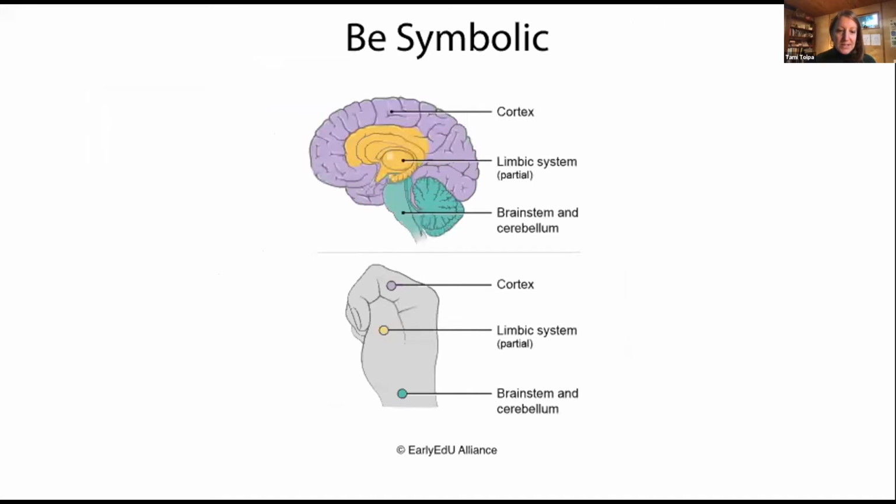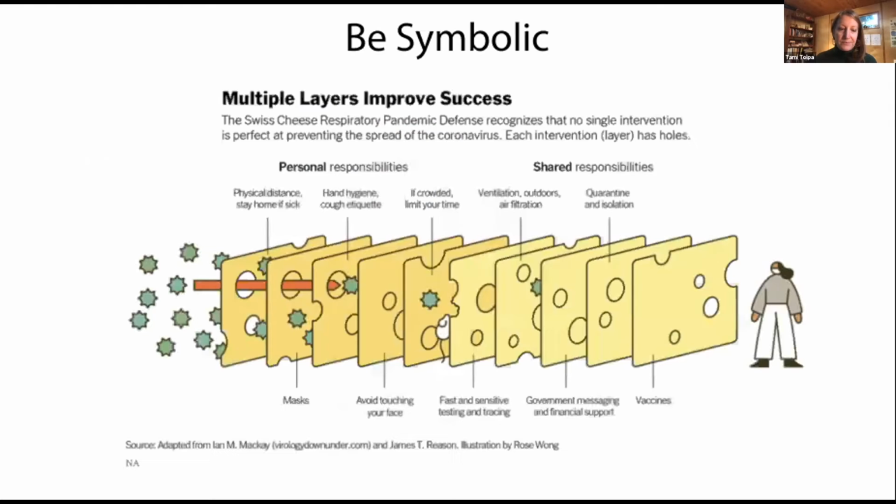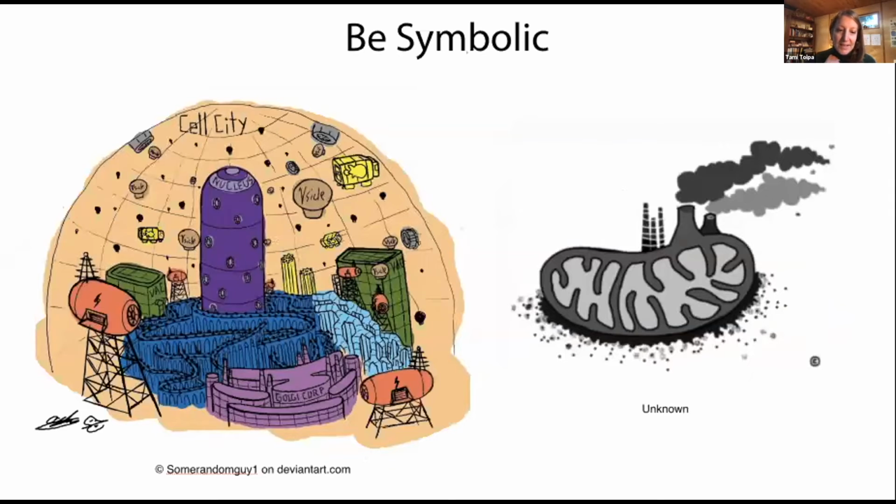So this is a representation of the brain that you can see modeled in your own hand, but it works well as a visual depiction too. This is one I've seen a lot recently, maybe you have too, the Swiss cheese respiratory pandemic defense. Cells are sometimes described as cities, and the mitochondria referred to as the power station of the cell.